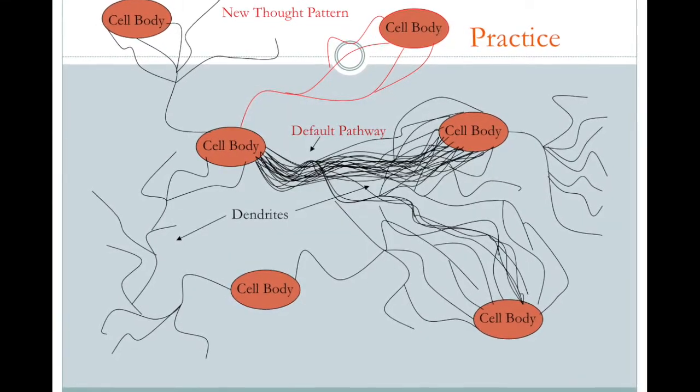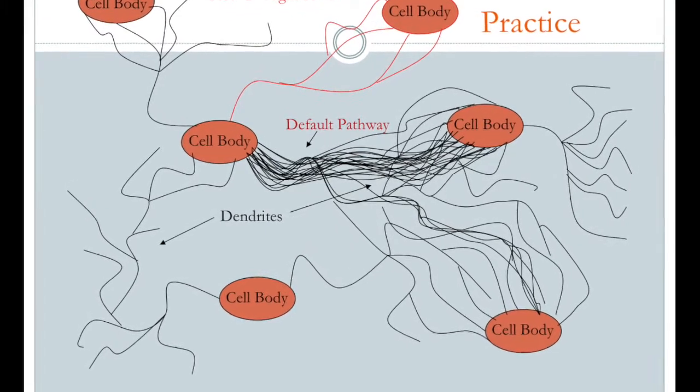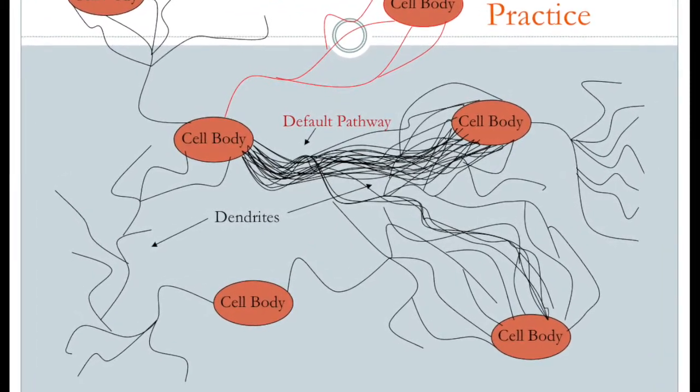But as we keep repeating the new thoughts, the new circuit begins to grow. This slide shows a few additional connections. Now these new connections are being achieved by actually thinking the new thought. Remember, each time we think the new thought, we're stimulating growth of this new circuit, the red circuit.